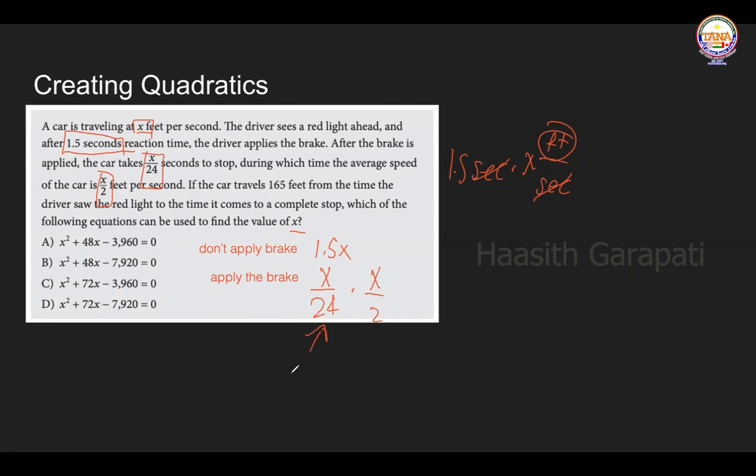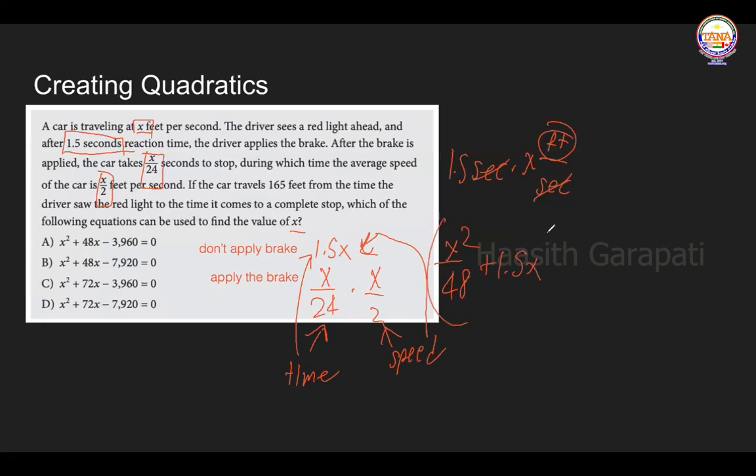Remember, this is time, this is speed. Same way that this x is also speed, and that the 1.5 is also time. So we end up with x squared over 48 plus 1.5x.